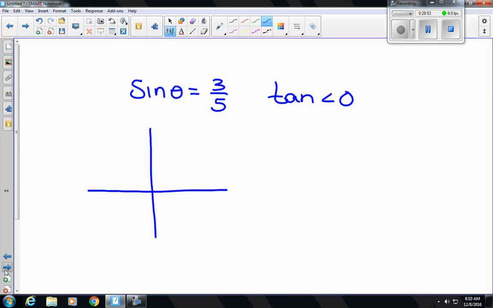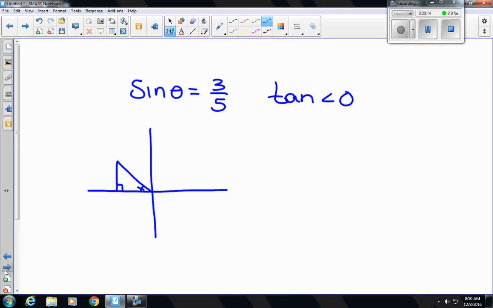Sine is positive, but tangent is negative. Tangent less than 0 implies that tangent's negative. So you've got a positive sine and a negative tangent. So what quadrant? Second quadrant. So you build your triangle in the second quadrant. Okay. This is the angle that we're after.